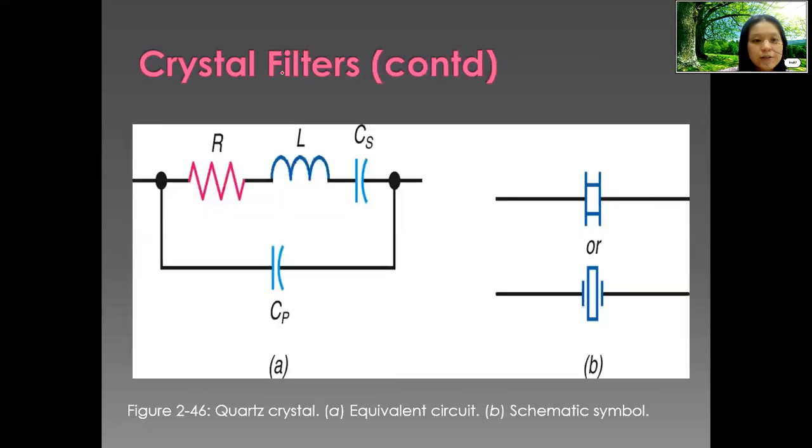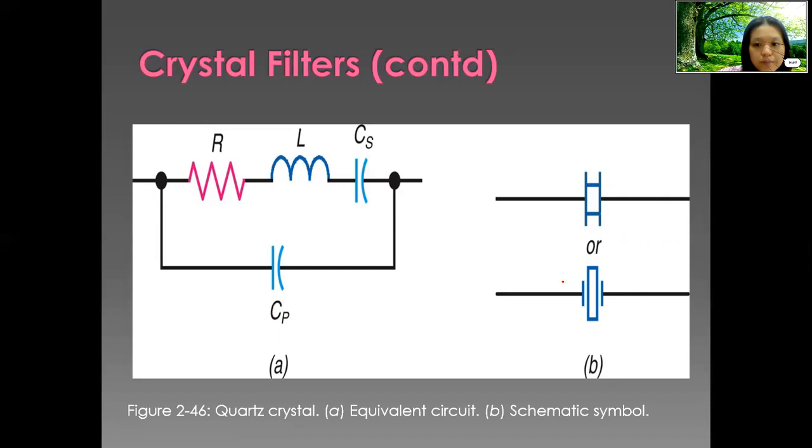This is the figure of the crystal filter. For a crystal filter, the first one, A, is the equivalent circuit. We have R, the resistor, L, the inductor, C, our series capacitor, and CP, our capacitor in parallel.